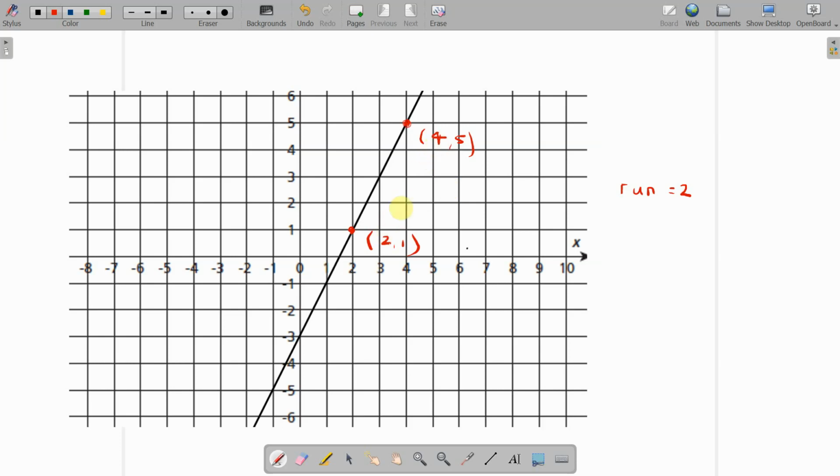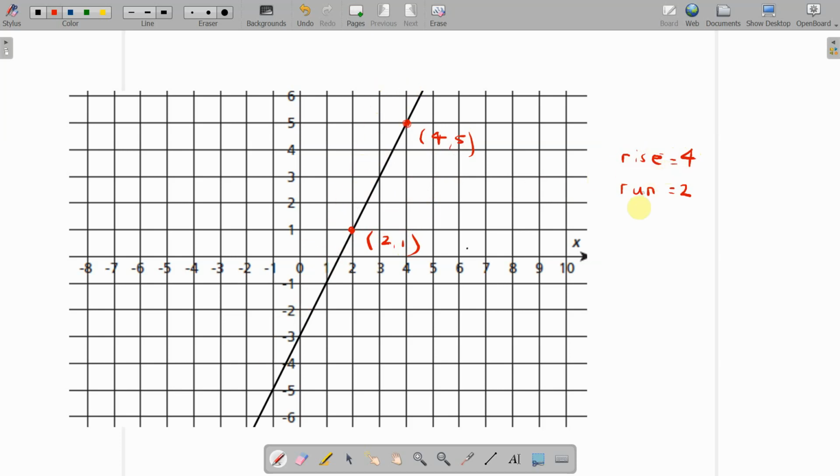Second numbers give you the rise. 1 to 5 is 4. So the rise equals 4. And because the line's going that way up, the rise is plus.